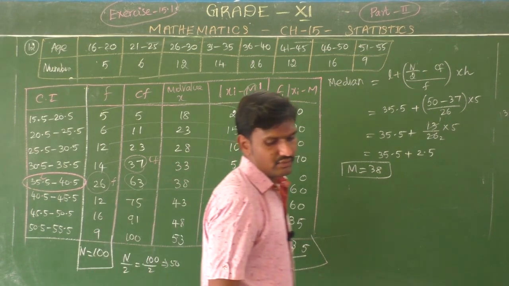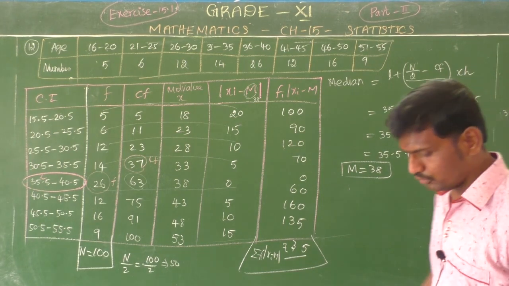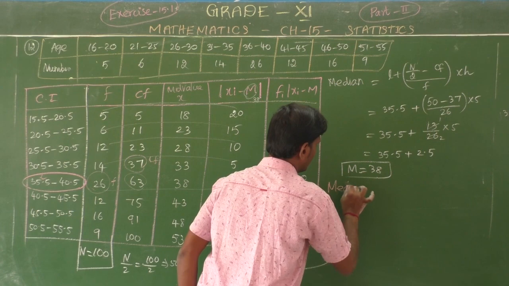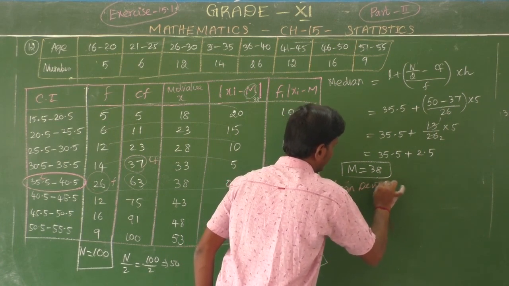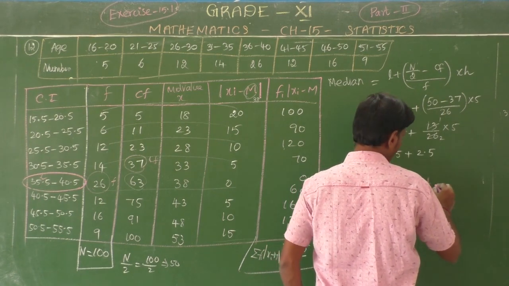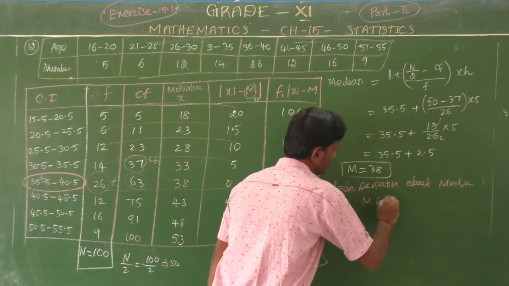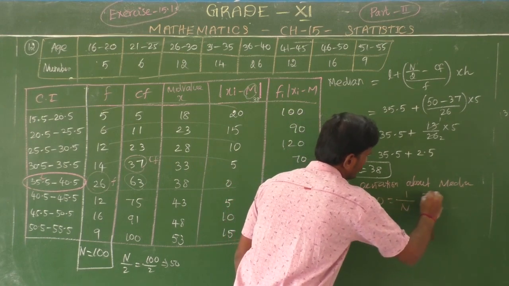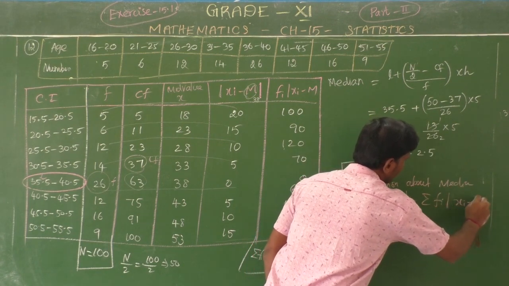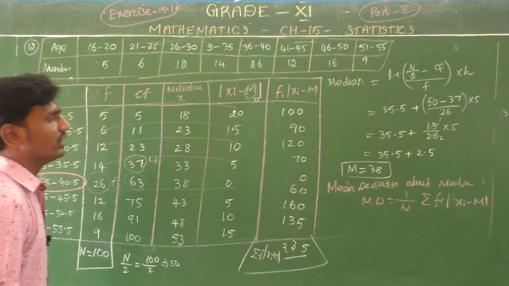So summation fi into modulus of xi minus M is 735. Next I am going to find the mean deviation about median. It is very simple. MD is equal to 1 by n into summation fi into modulus of xi minus M, where M is the median.